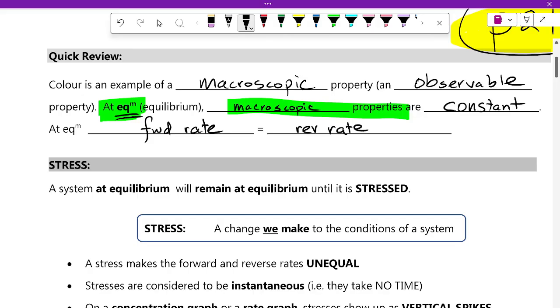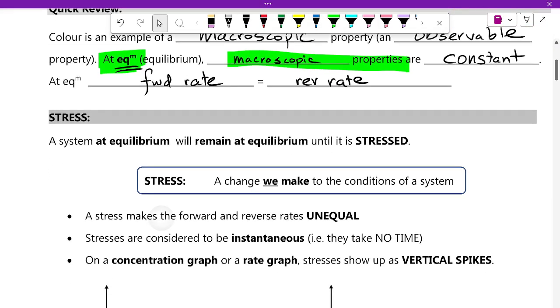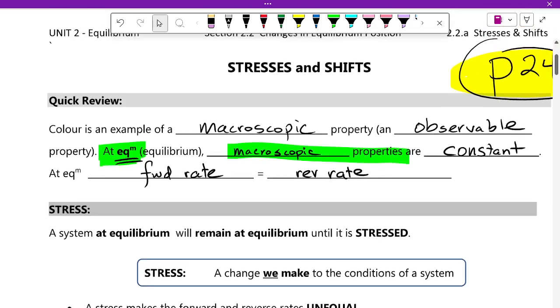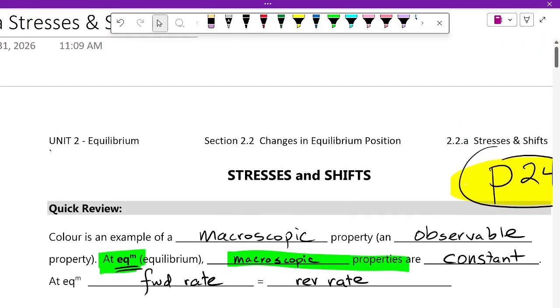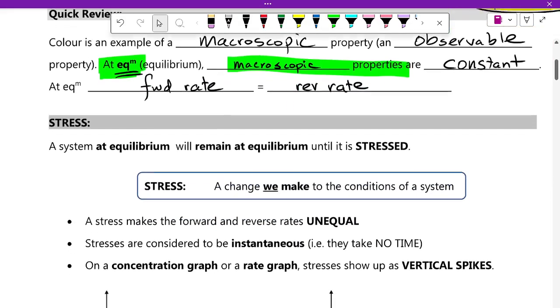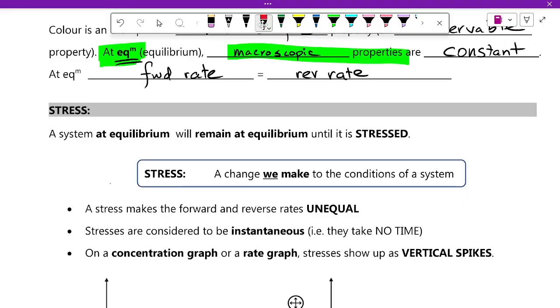And if you recall, we talked about the word stress yesterday. What is a stress to a system? It's where we change the conditions, yes, okay? So a stress is a change that we make to the conditions of the system.